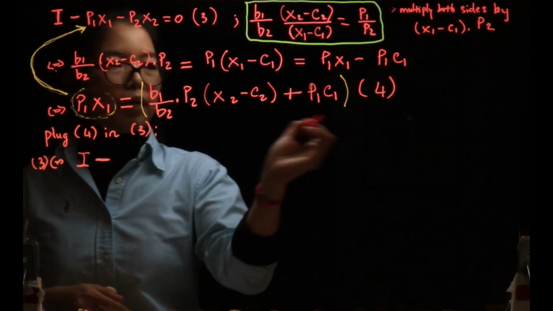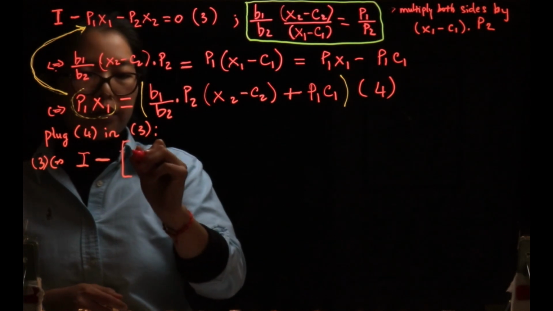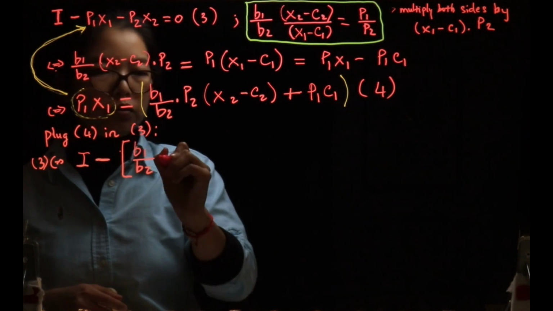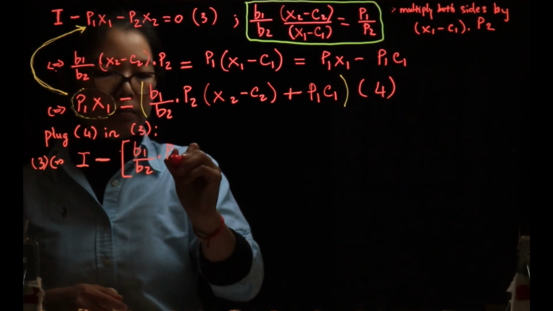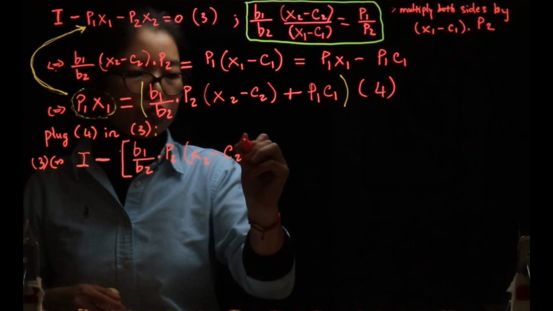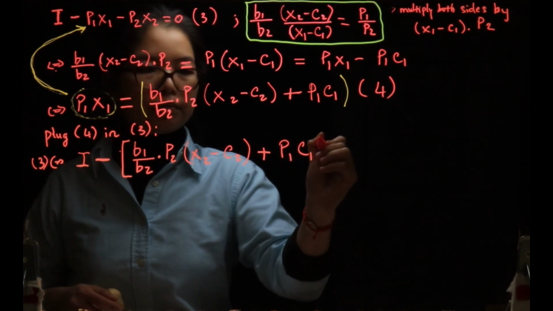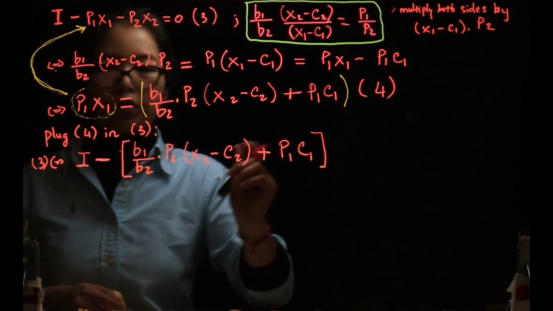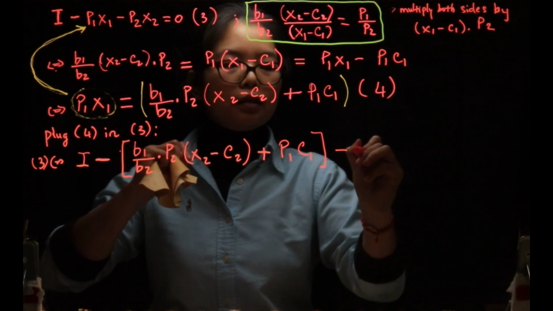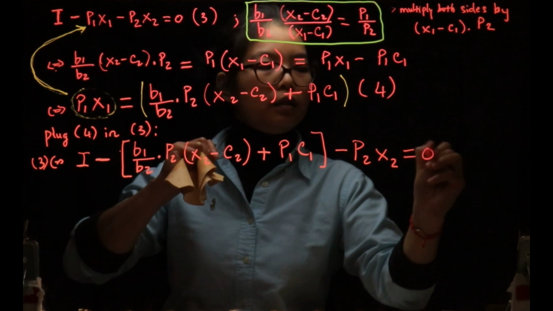Okay, minus, put a bracket there, b1 over b2 times p2 times (x2 minus c2) plus p1 c1. That's the entire thing for p1 x1. And then we still have minus p2 x2 at the end equals 0.